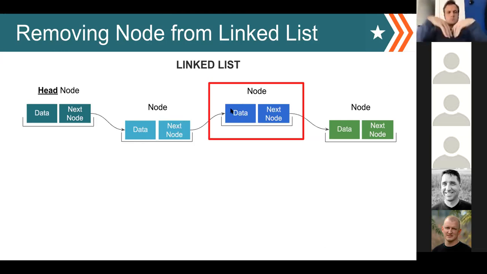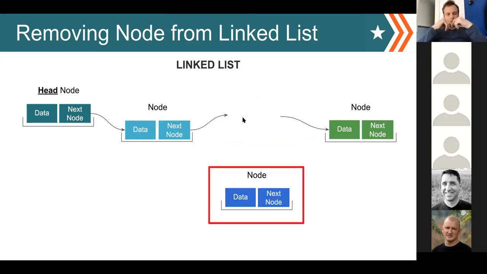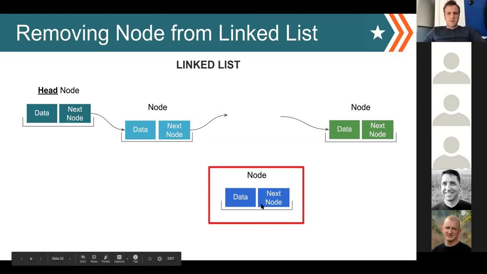If the current node's data equals what I'm trying to remove, which it does right here, I need to remove it. But now I need to somehow reassign the previous node's next node to equal the removed node's next node.